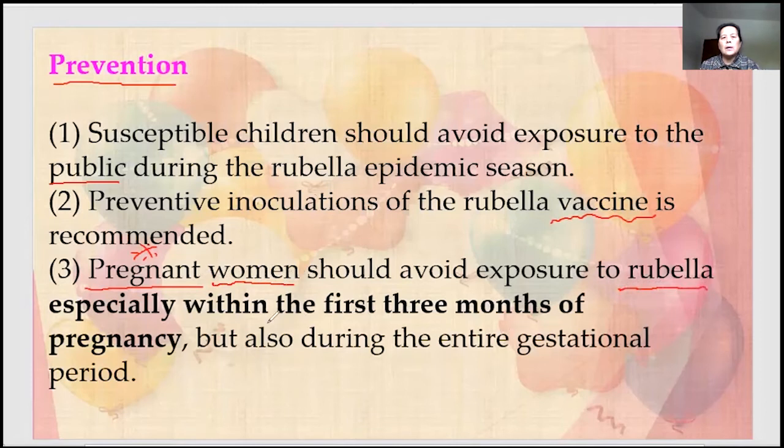It's a pretty severe condition within the first 3 months, which is the more dangerous time. But truly during the whole pregnancy, try not to get an infection from this illness. So that's basically prevention.